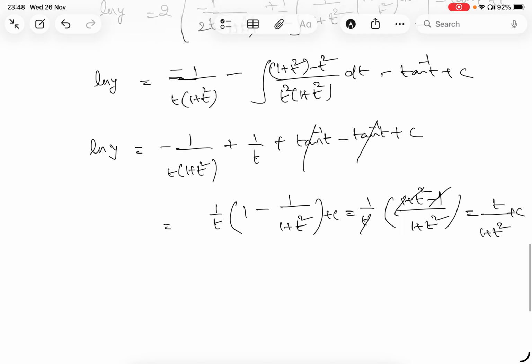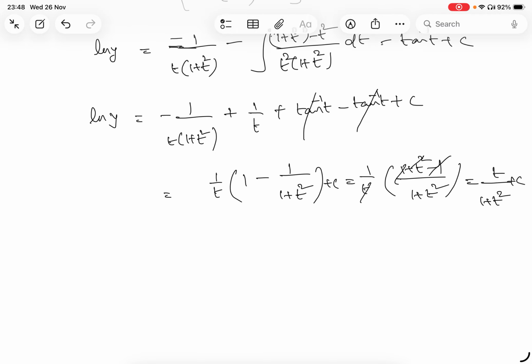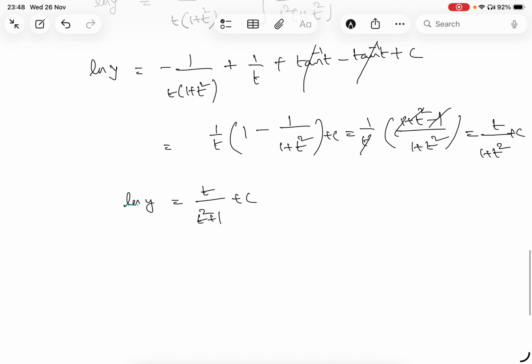Plus c. T by t square plus 1 plus c. Fine. Ln y equal to t by t square plus 1 plus c. Now y is e power t by t square plus 1 into e power c.